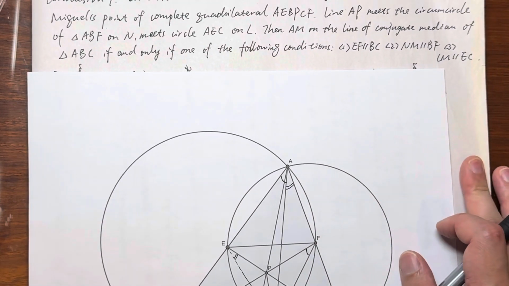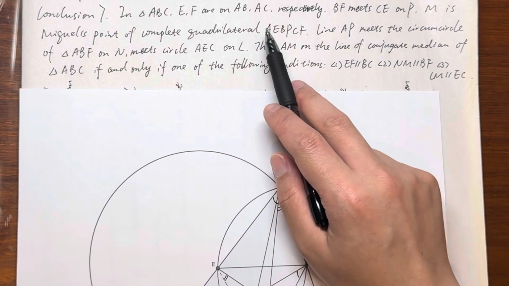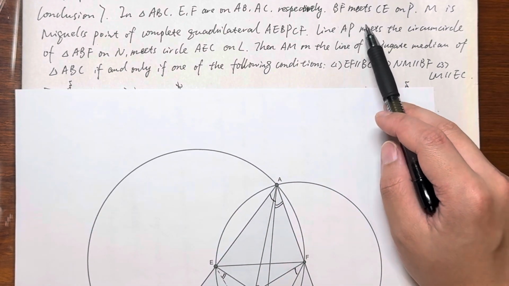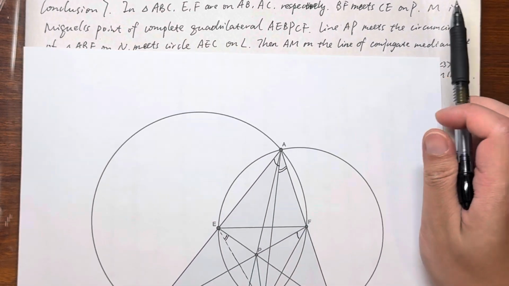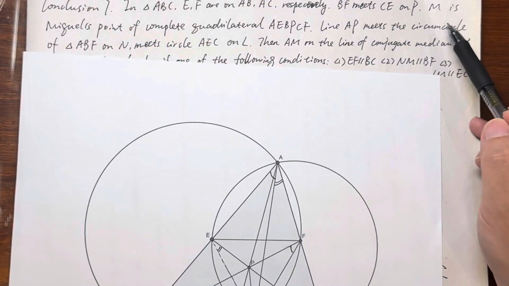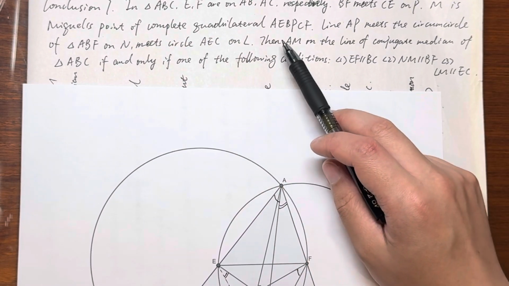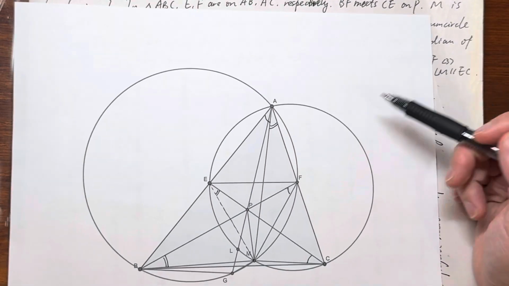Conclusion 7: in the triangle ABC, E and F are on AB and AC respectively. BF meets CE at P. That's the same as what we have in the figure. M is the Miquel point of the complete quadrilateral AEBPCF. That's the same here.